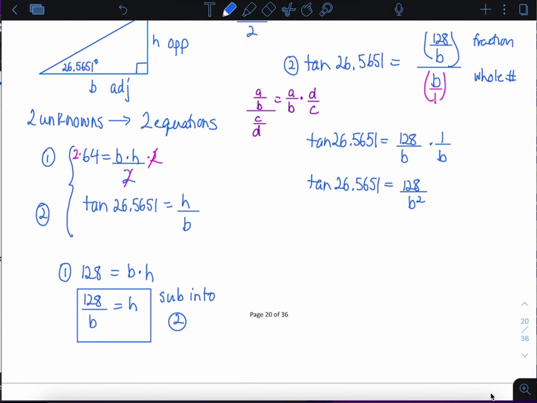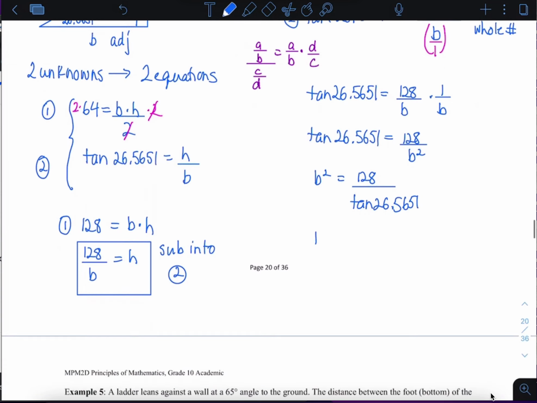Okay, now I'm just going to use cross multiplication to isolate b. When I type this in, I'm going to use 4 decimal places. I get 255.9995. And then I'm going to take the square root of both sides.